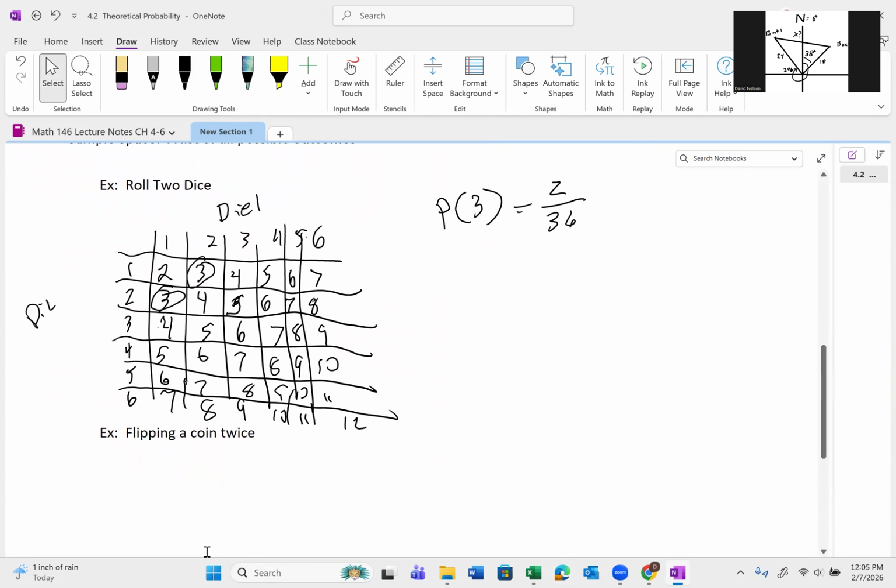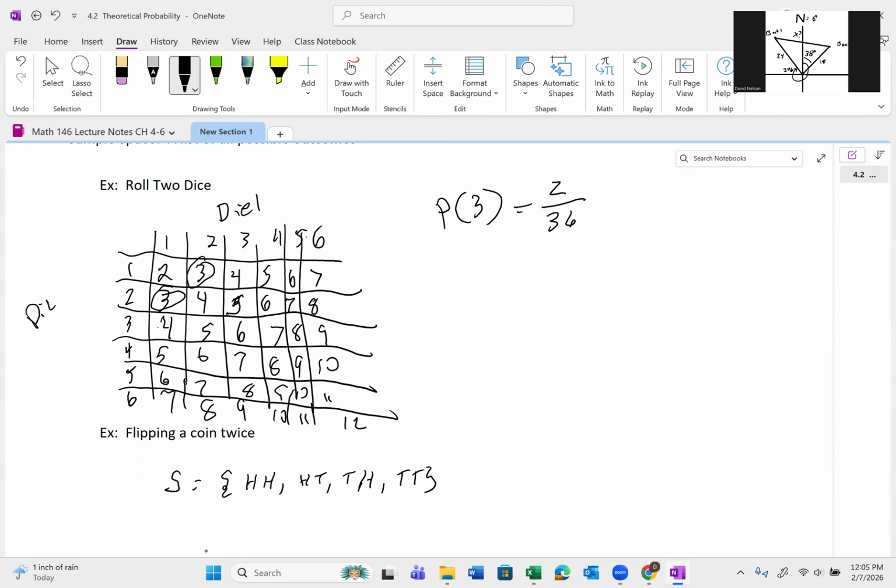How about another example? If you're flipping a coin twice and you want to list the sample space, you could get a heads on the first coin and a heads on the second one, a heads and then a tails, or maybe a tails then a heads, or you could get 2 tails.